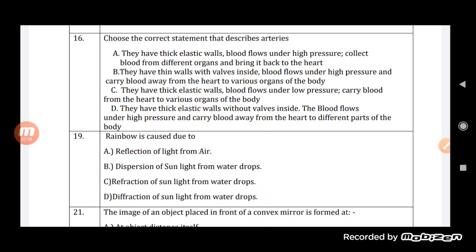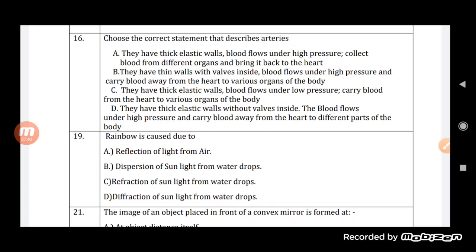And blood flows under low pressure. No, the blood usually flows under high pressure. Carry blood from the heart to various organs of the body. So this is also not a correct option. The fourth one is: they have thick elastic walls without valves inside.